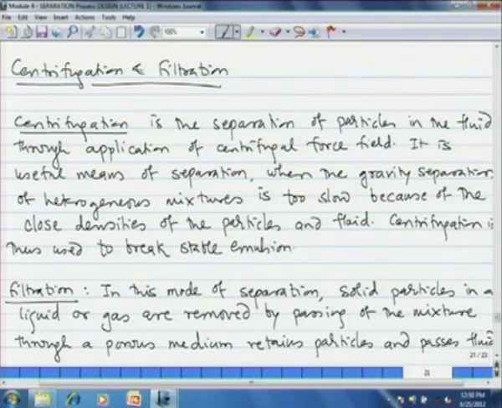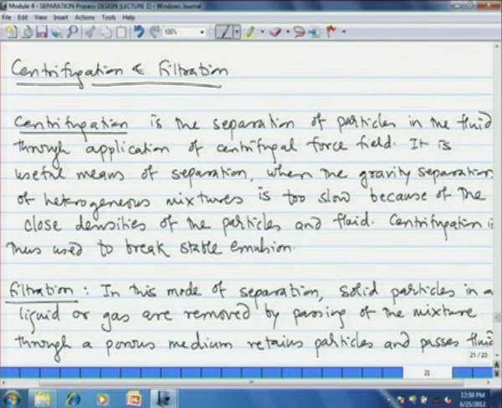And then finally, we shall see the centrifugation and filtration. Centrifugation is for separation of either solid particles, or it can also be used for separation of some heterogeneous liquid mixture. Centrifugation is the separation of particles in the fluid through application of centrifugal force field.